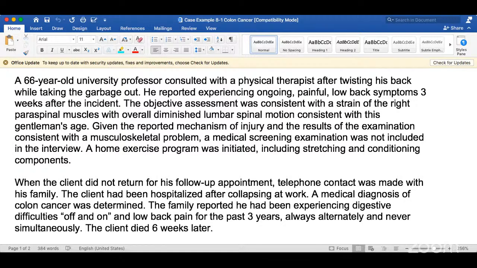So I think the age of the patient is a very important factor for the clinician to thoroughly check all the systems before he concludes his diagnosis and management. Thank you very much.